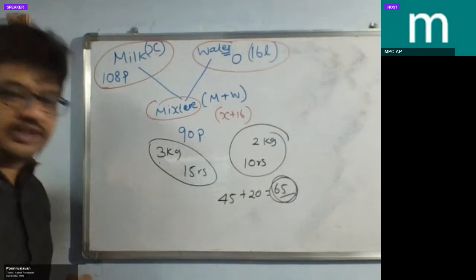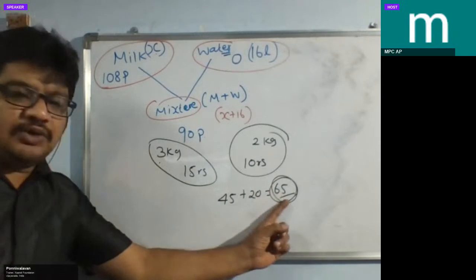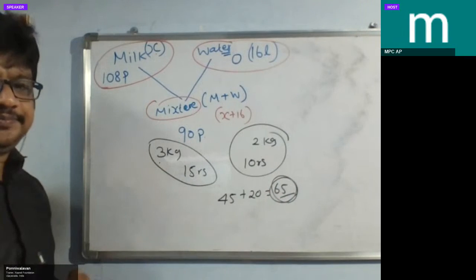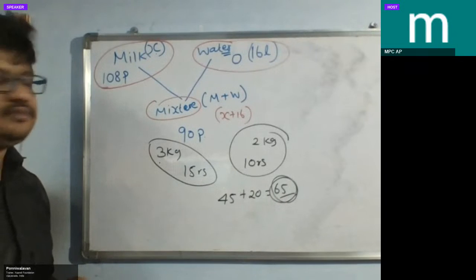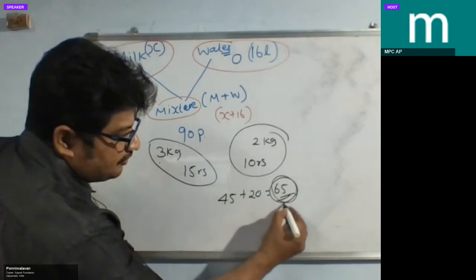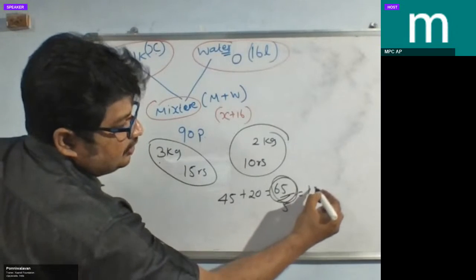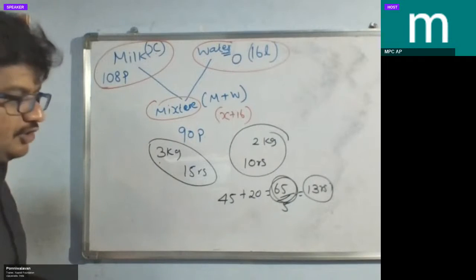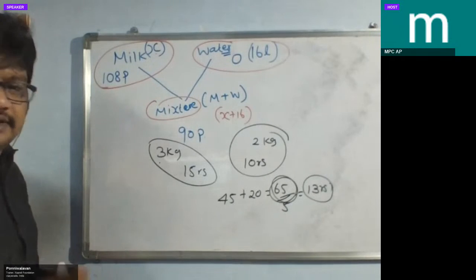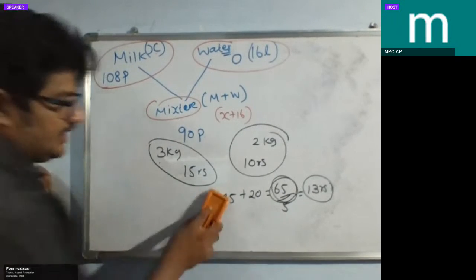Total worth of how many kg? 5 kg. So if you divide by 5, you get 13 rupees, right? Listen, I will tell you once again.